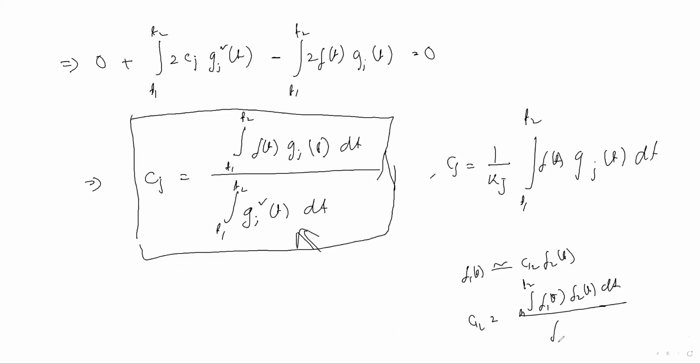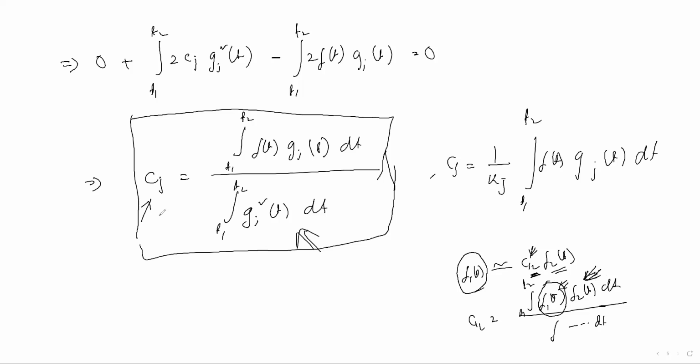The first term is the function which we are going to approximate, and the second term is the orthogonal function on which we are going to find the respective coefficient.